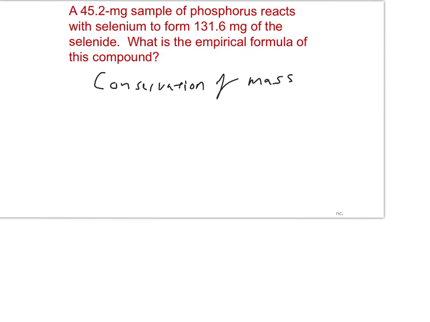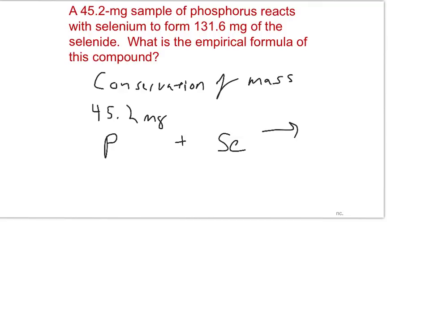So in this problem, we've got a 45.2 milligram sample of phosphorus. And it reacts with selenium. The question doesn't tell us how much, to form some selenide.